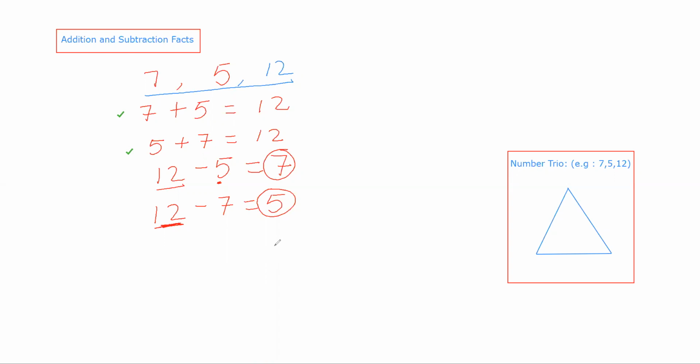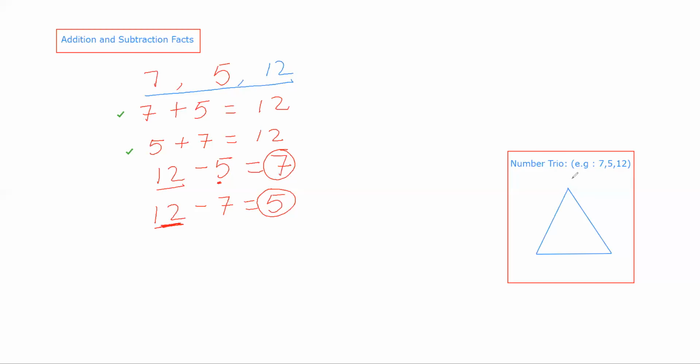Okay. For this, we will look at the number trio again and we will make the triangle. So I call this method the triangle method. Okay. So what I'm going to do is, let's first introduce the triangle. I know my number trio 7, 5 and 12.